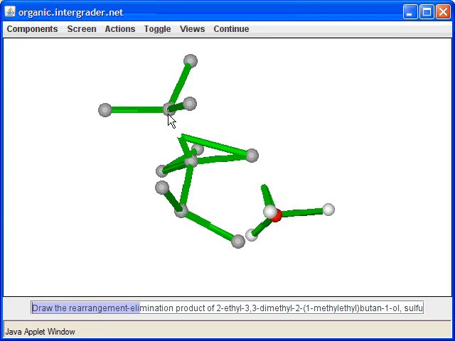Because of that, you should remember that tertiary carbocations are more stable than secondary, which are more stable than primary, and definitely more stable than methyl cations, which have not been observed. So that's a second reason why you want to move a tertiary group over secondary, secondary over primary, and primary over methyl.